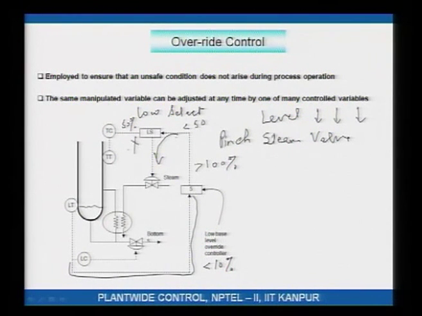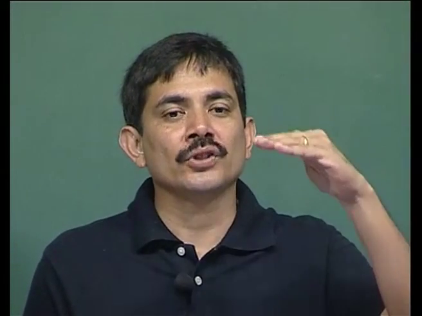So, if the level continues to go down below 10%, then this signal will go below 50% and this valve will get pinched. So, this is an example of an override controller where the overriding circumstances are reducing level in the bottom sump of the column.